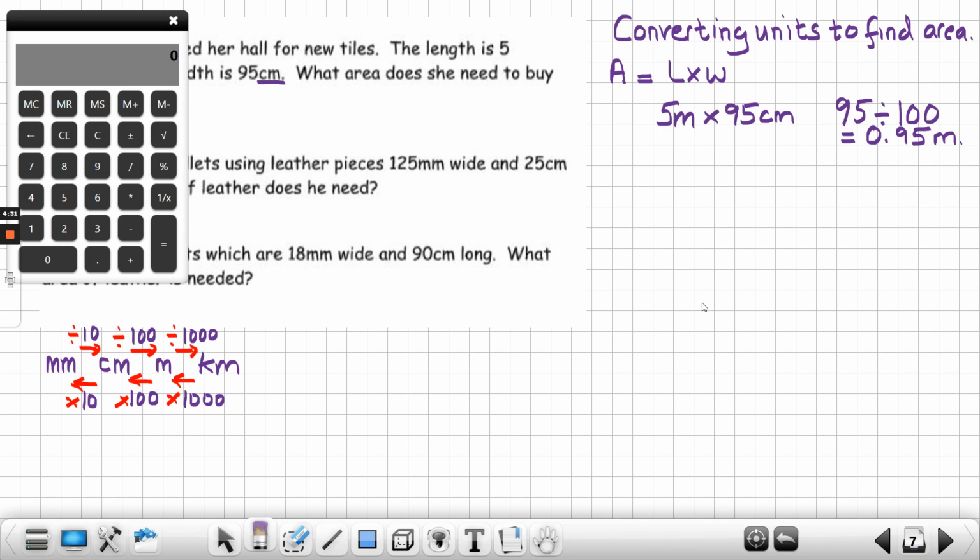And again, I can think of a strategy for this, because if I'm using centimeters and meters, they work exactly the same way as pence to pounds. So if I had 300 pence, that would be £3. And in the same way, if I had 95 pence, that would equal £0.95.